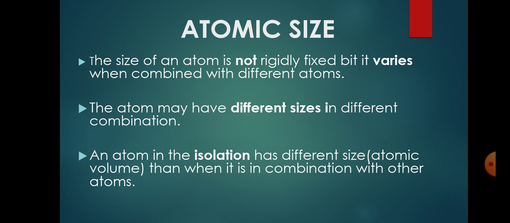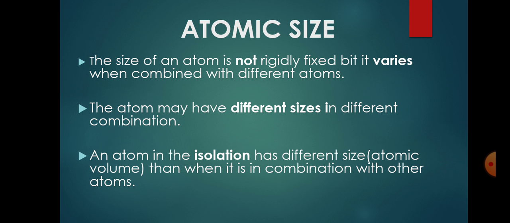So in hydrochloric acid and hydrogen bromide, the atomic sizes are different, because the atomic size depends on which atoms combine to form the compounds. An atom may have different sizes in different combinations.